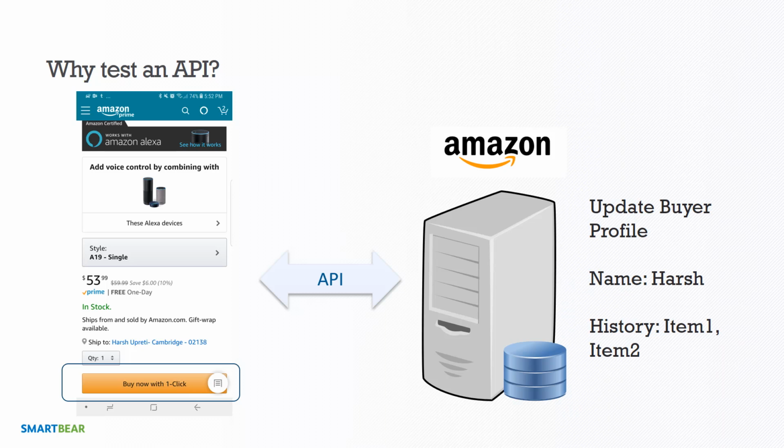Okay, I just wanted to add a side note to this video. We have these APIs, but what is all this about testing an API? Why is testing an API important?